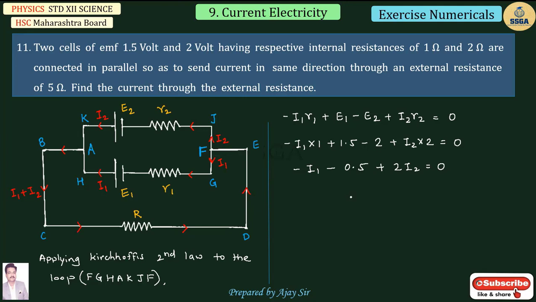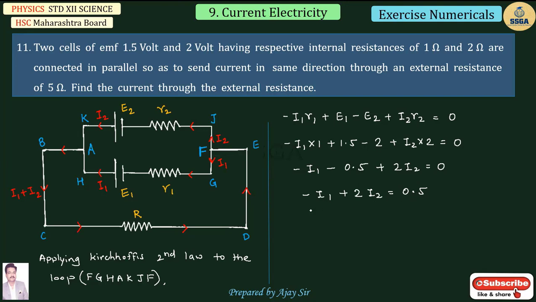So therefore this becomes minus I1. This term we will write as it is, twice I2, and this term we will shift to the right hand side, so minus becomes plus 0.5. Now if you multiply both sides by 2, then 0.5 becomes 1, since half multiplied by 2 is 1.